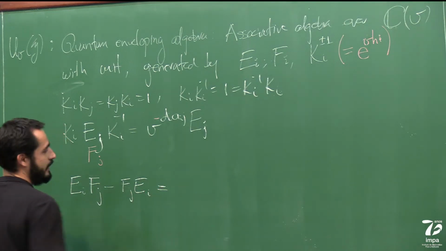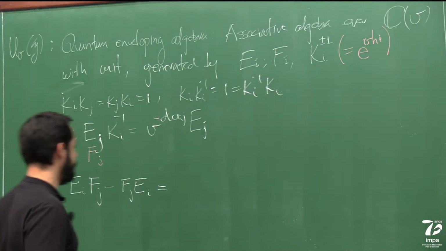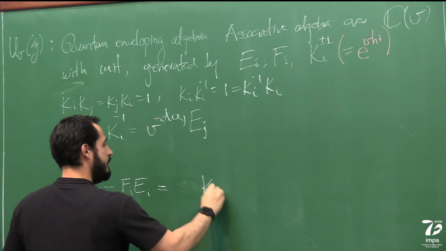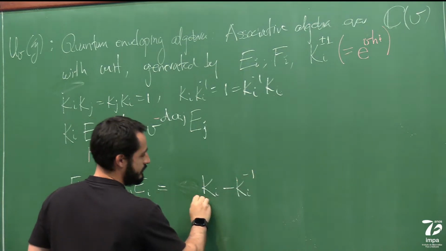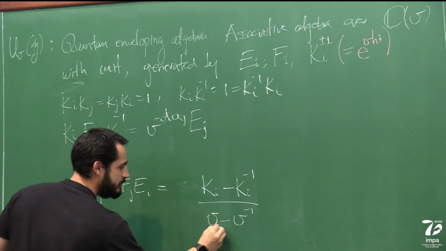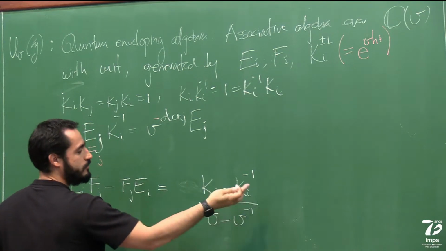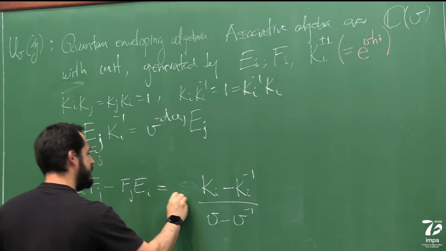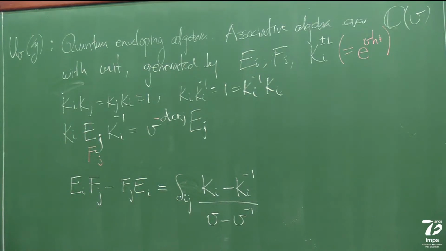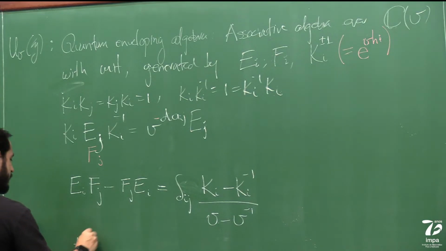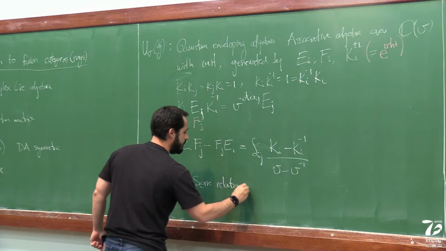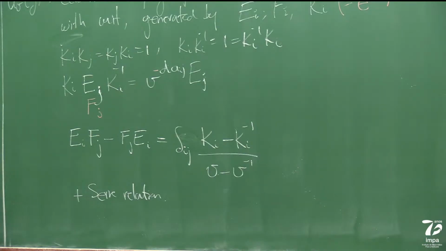In this situation, I don't get the H, but something related with the K, which is K_i minus K_i inverse over B minus B inverse. I need to put maybe some i, or this is to the power of g_i. Doesn't matter for the moment. Let's say this. And delta_ij, which is the Kronecker delta of these two. Plus some quantization of the Serre relations, which are not important in my case, so I am not going to write them.